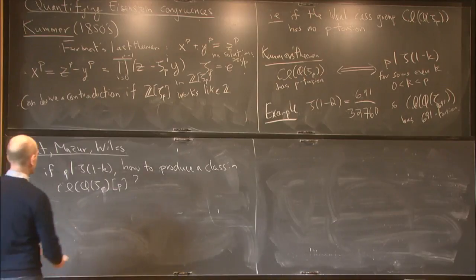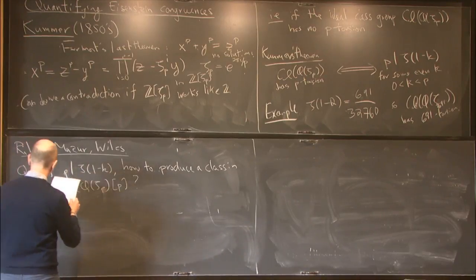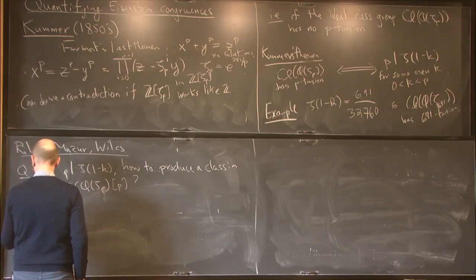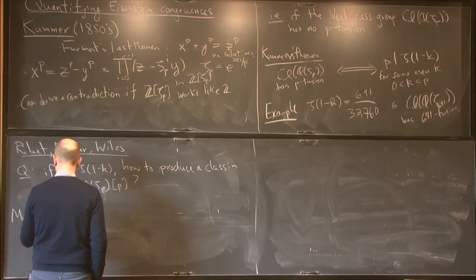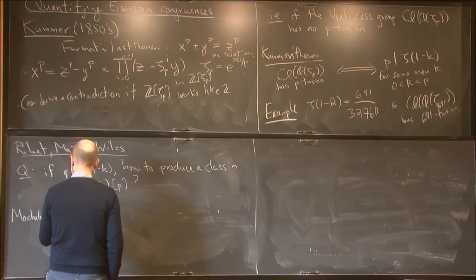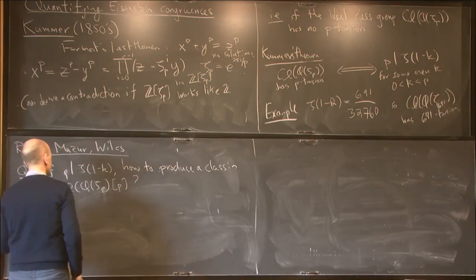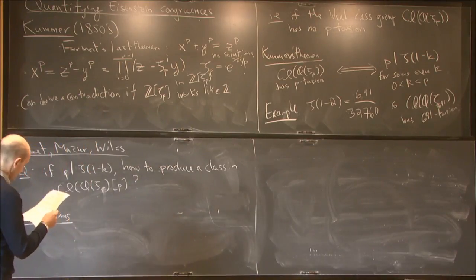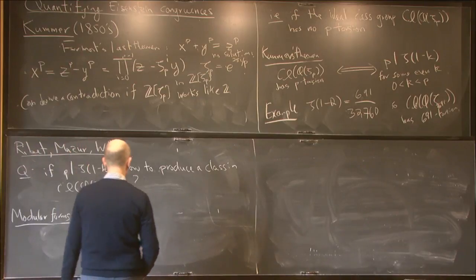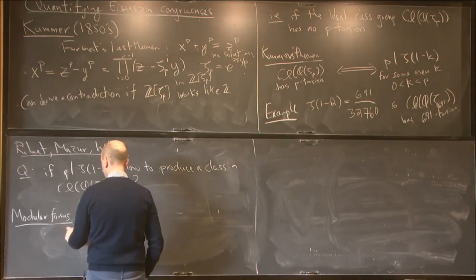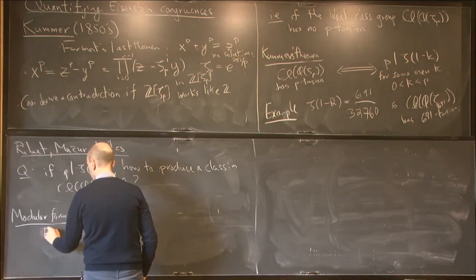So the new idea by Ribet and Mazur and Wiles is to use modular forms. So this same number, zeta of 1 minus k, appears in the theory of modular forms in the simplest example of a modular form, which is the Eisenstein series.